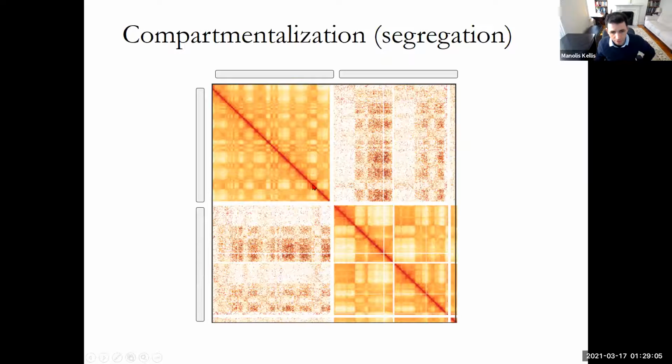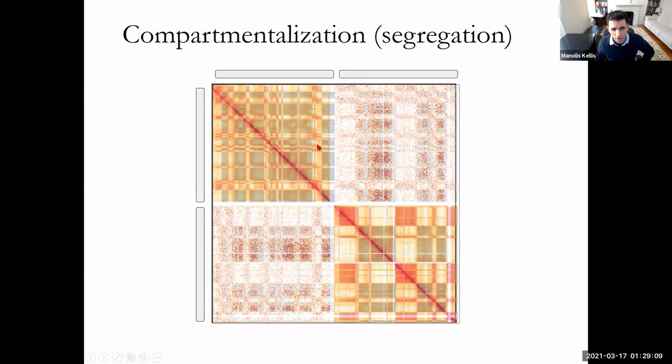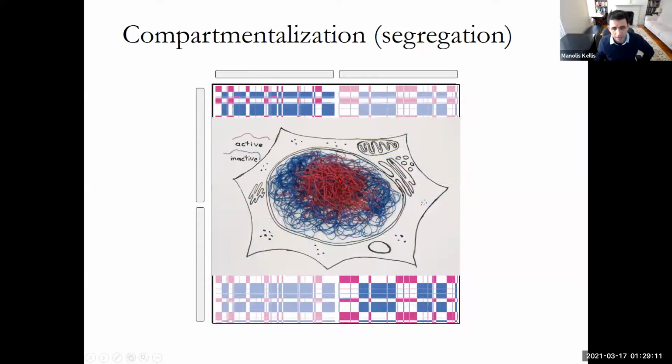And then the next thing we see is this plaid pattern, this A versus B compartment, which basically suggests that if I'm an A, I only interact with other A's, no matter how far they are from me. And what that is suggesting is that there are, in fact, two different parts of the chromosome, of the genome. One part is going to be what we call inactive, and that's actually closer to the periphery, as I mentioned earlier, closer to the lamina.